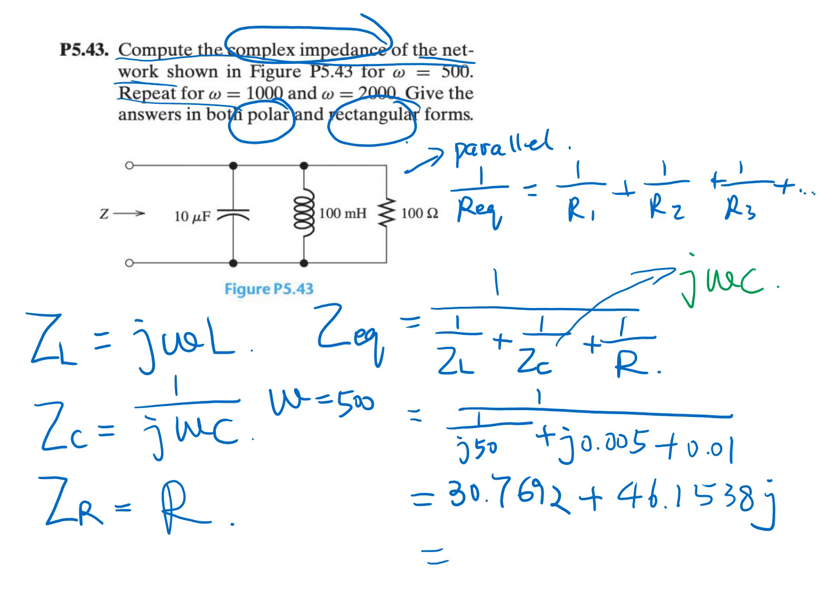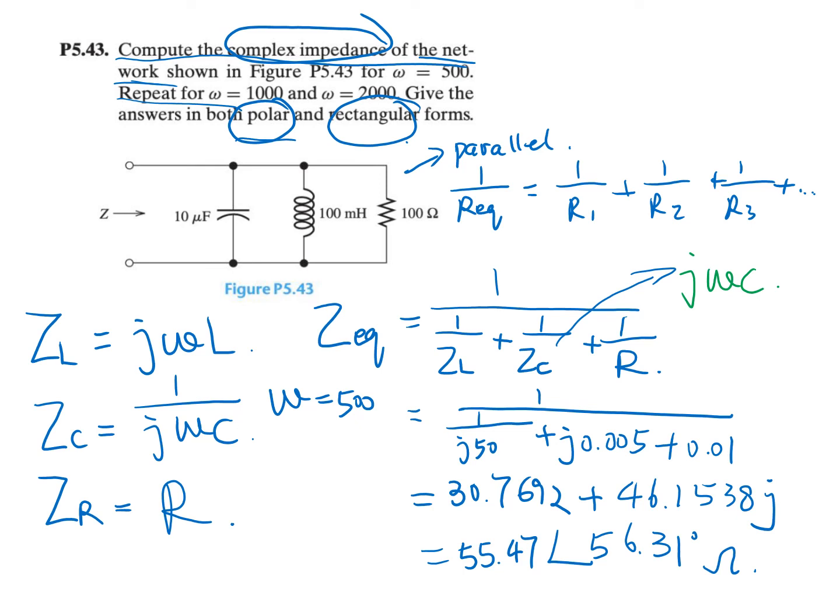And using the formulas we learned this week, we can convert it into the polar form. That is 55.47 at an angle of 56.31 degrees ohm.